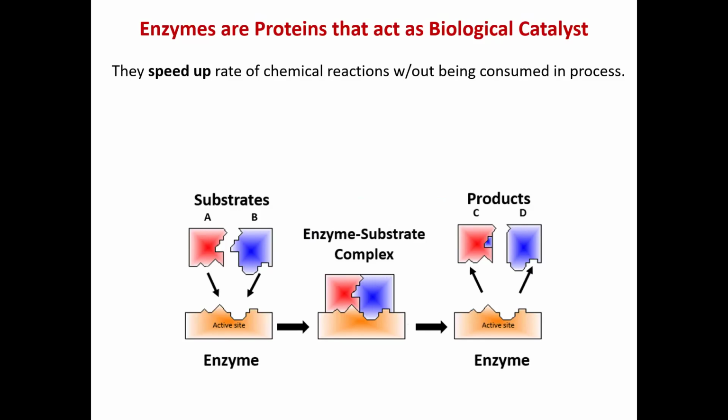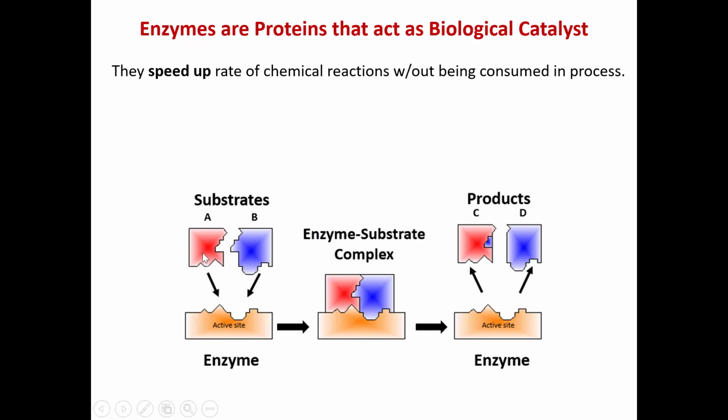Let's say you have a reactant A plus reactant B to form a product C. The enzyme will facilitate the formation of that product C from reactants A and B, but without actually being consumed or depleted during the reaction process. So you have substrates A and B, okay?